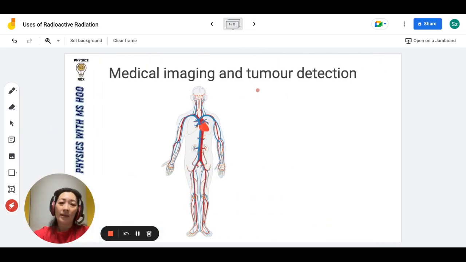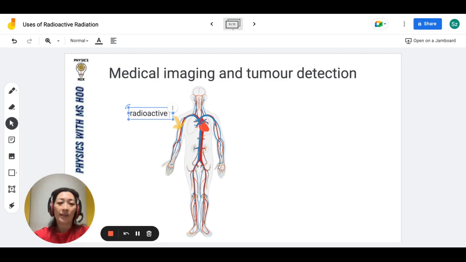And in terms of medical imaging and tumor detection, it is similar to the water pipe leakage. So, how it works is this. Let's say we want to examine the circulation system of a patient. What they will normally do is inject a radioactive tracer into the patient.